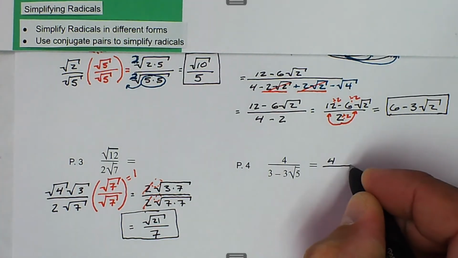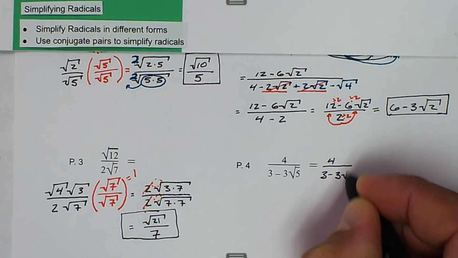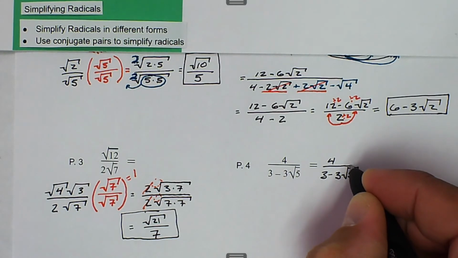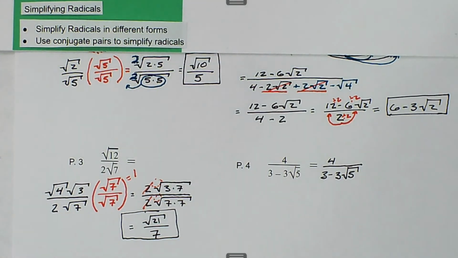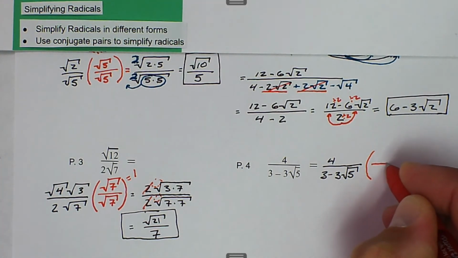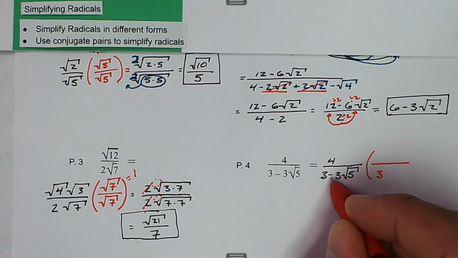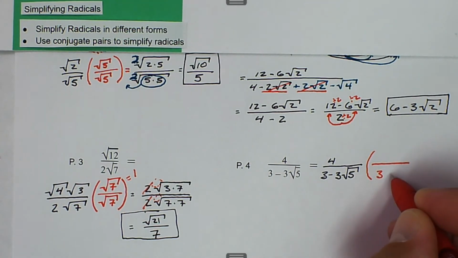So we have 4 divided by 3 minus 3 square root of 5. Now we want to multiply by the conjugate pair. And we're also going to have to multiply by 1. So we get 3. We had minus originally, so now we have to do addition.